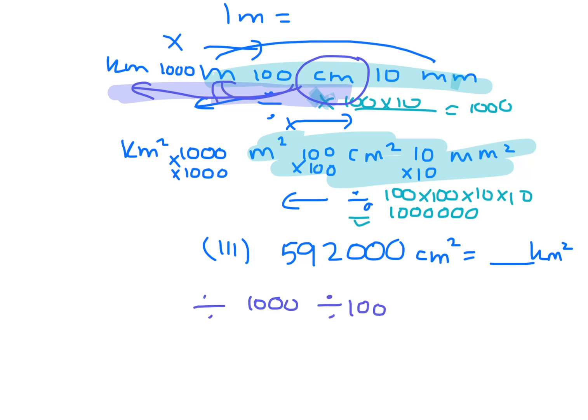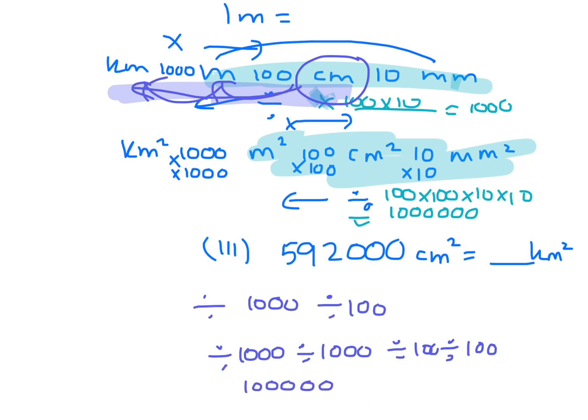If you divide by 100, that's metres, and another 1,000 would be kilometres. So it's going to be divide by 1,000, divide by another 1,000, divide by 100, and another 100. So it's 5 and 5. It would be 10 zeros.